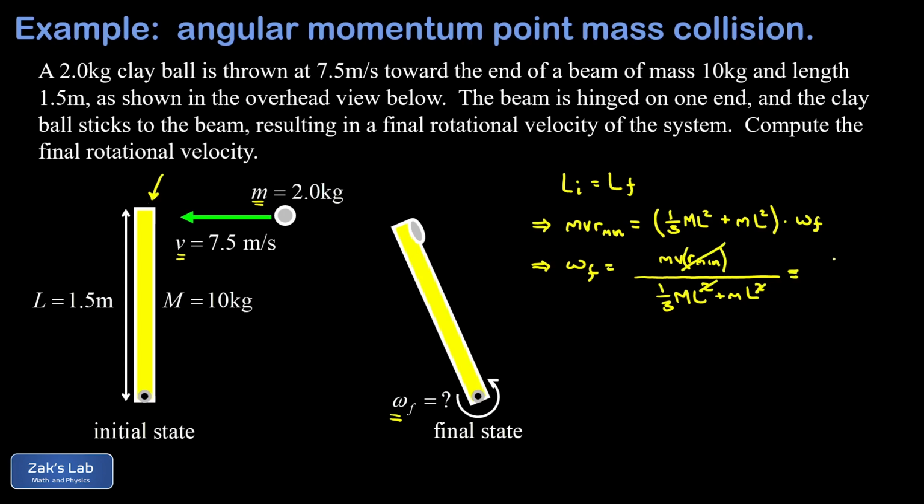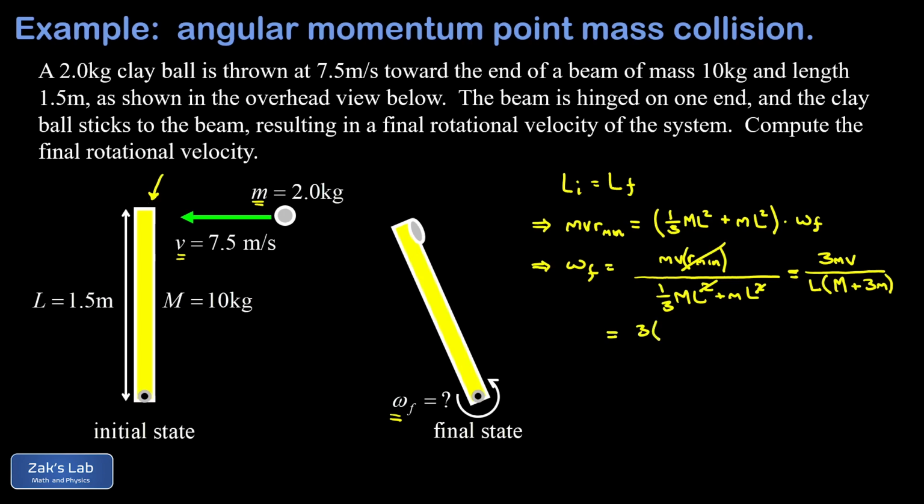And I'm also going to multiply the numerator and denominator by 3, just so I don't have a complex fraction. So I end up with 3mv. And then in my denominator, I have a big M times L plus 3 little m times L. And I'll just factor the L out of that, and I end up with L times big M plus 3 little m. So that's a nice way to write the symbolic solution.